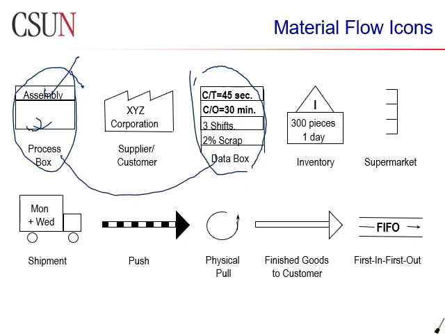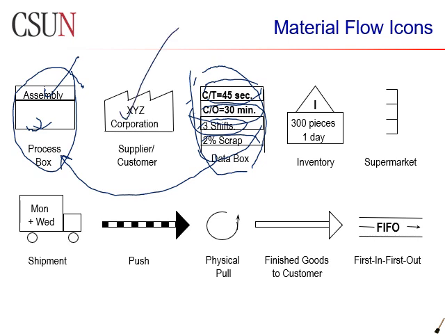It's added to this one. It includes things such as it takes 45 seconds to produce one product, 30 minutes to change from other products to this product, to do a setup. This machine works 3 shifts and it has a scrap percentage of 2%.